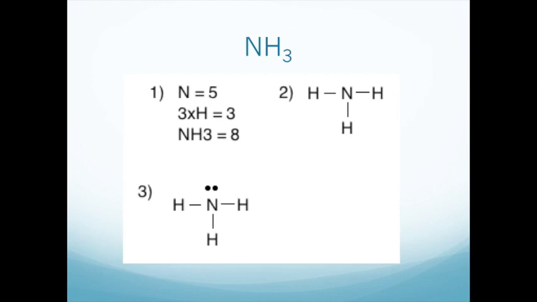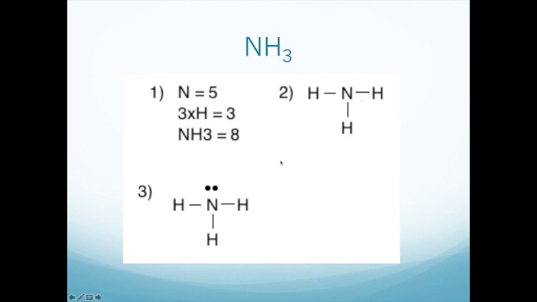Nitrogen is in group 5, so it has 5 valence electrons. And hydrogen has 1 valence electron, and there are 3 of them, which means that the total number of electrons in the molecule is 8. And since nitrogen comes first and hydrogen can only form 1 bond, the nitrogen is the central atom, which is indicated here, and each hydrogen binds once to the nitrogen.